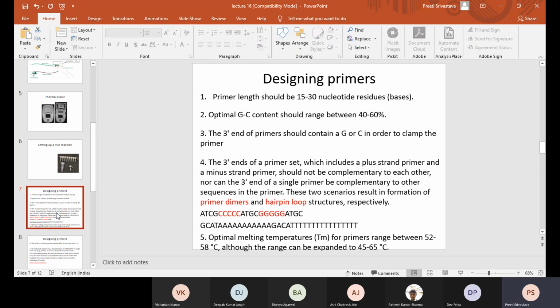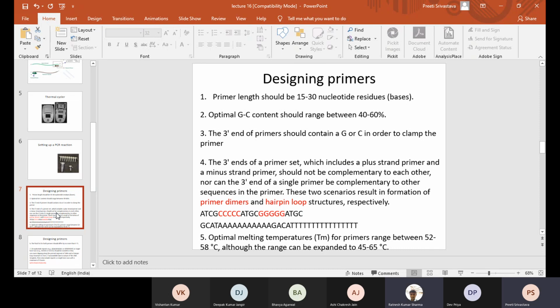PCR cannot be used when you do not know the sequence, because you are designing the primer, so you have to have the sequence information. PCR is used for isolating the gene when the sequence information is available, so that you can design specific primers for amplifying the gene.